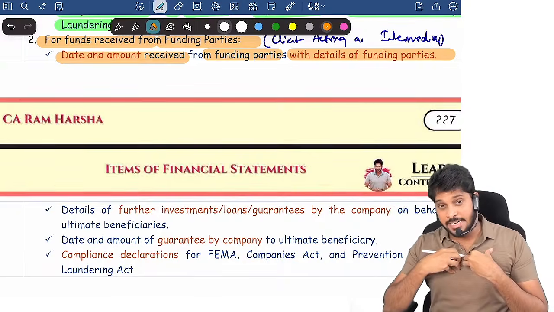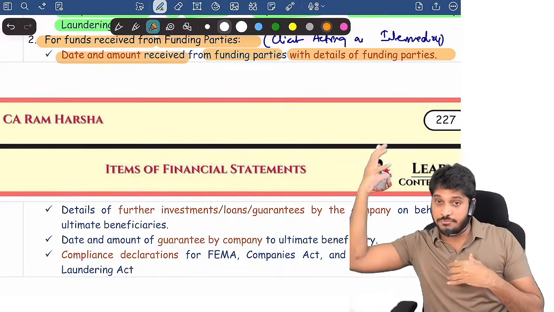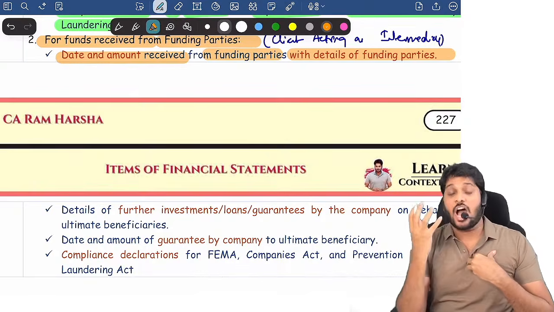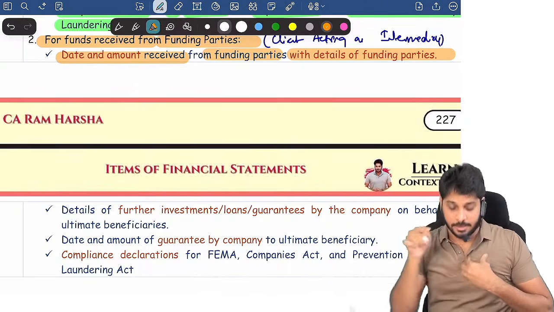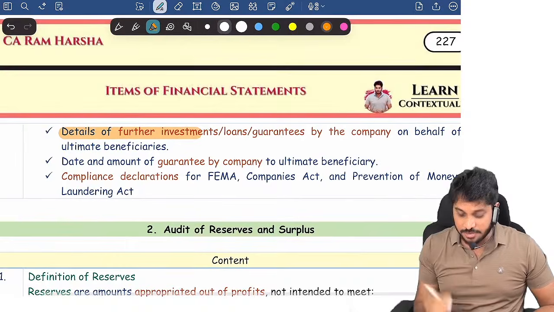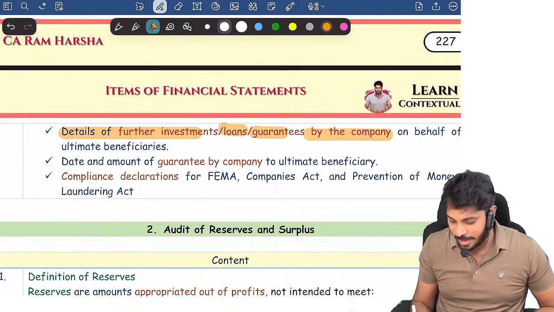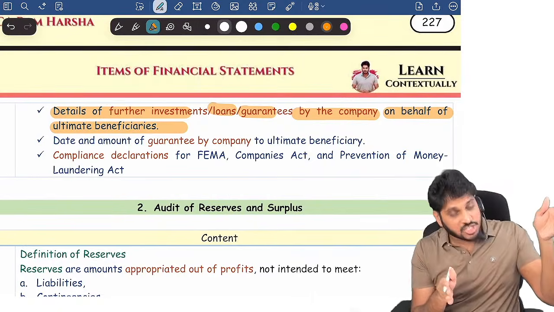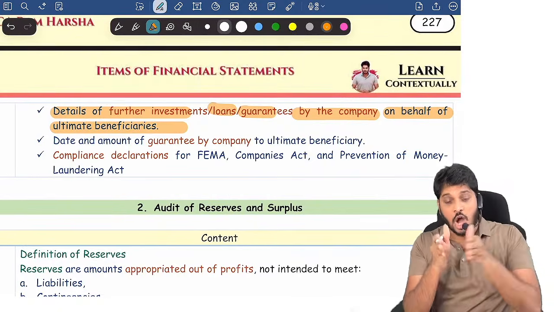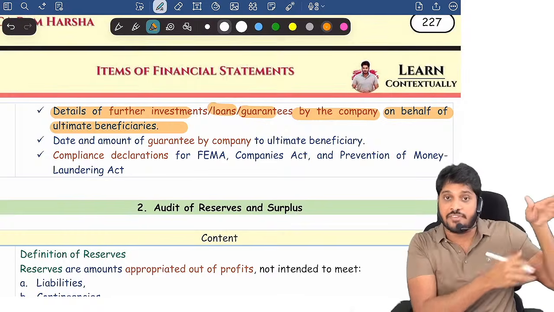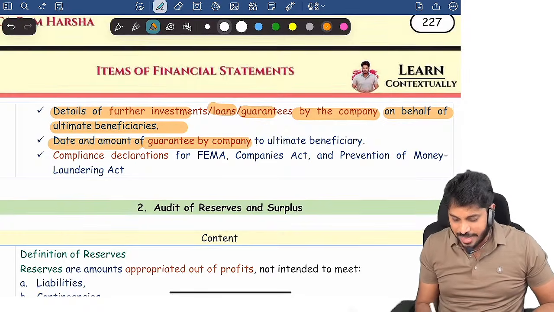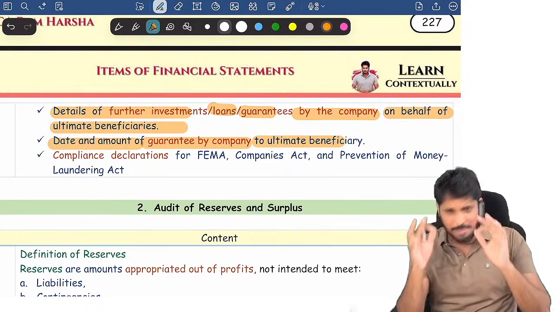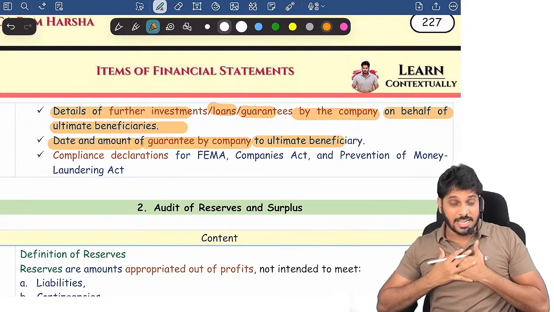So if I am acting as an intermediary, I should give details of the funding party: on which date, how much amount I received from the funding party. Further, details of further investments, loans, guarantees by the company on behalf of the ultimate beneficiary. How much amount I invested, how much I loaned, how much guarantee I gave on behalf of the ultimate beneficiary, and the date and amount of guarantee by the company to the ultimate beneficiary. Same details here, just that here I am acting as an intermediary.